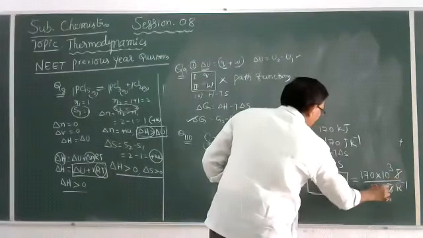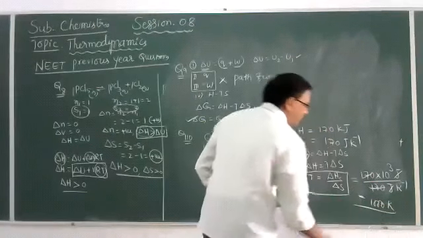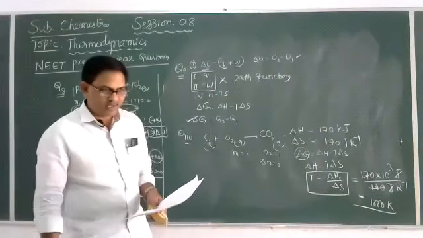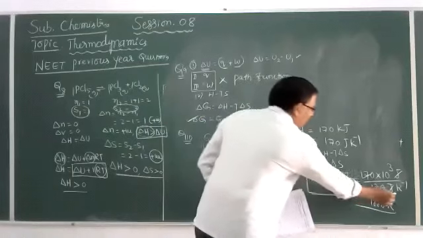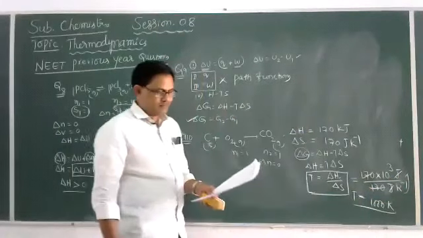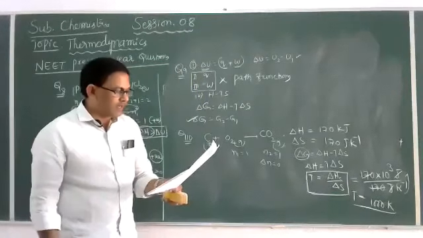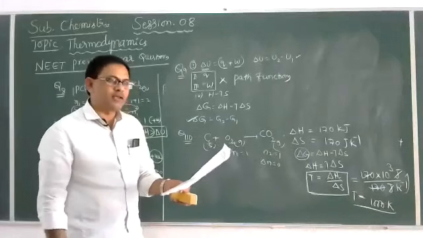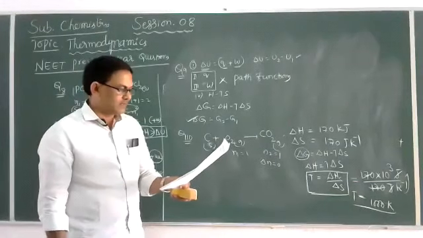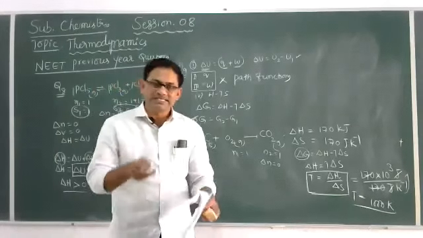Joule cancels, 170 cancels, 1000 Kelvins. Per Kelvin moves from the denominator to the numerator, that is Kelvin, the temperature unit. So the answer is nearly 1000 Kelvins. Next, question number 11 was explained already while explaining bond energies.